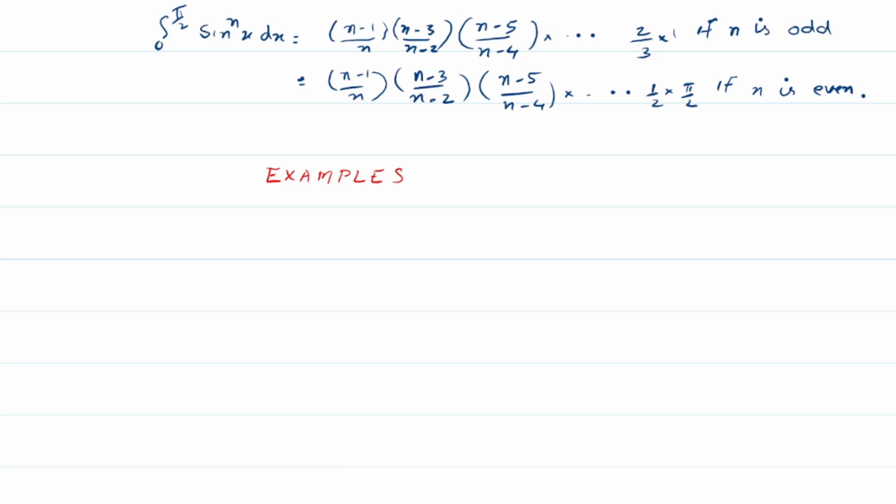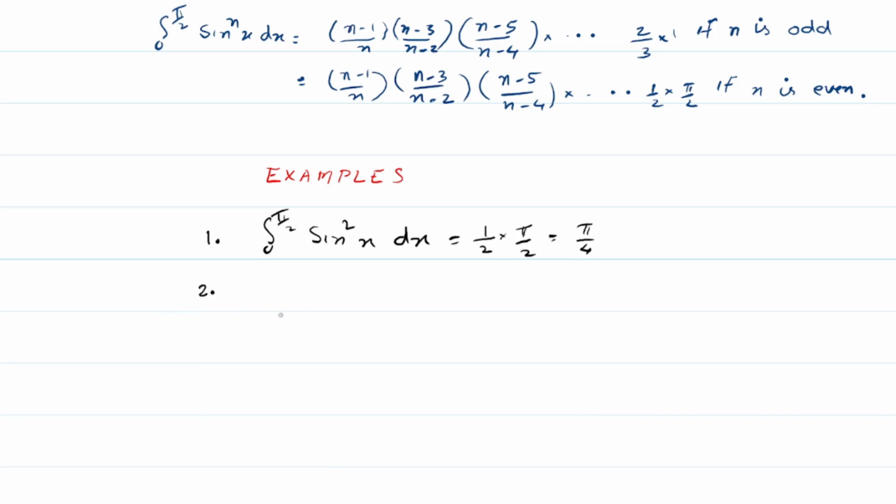First one is integral 0 to pi by 2 sin square x dx, so n is 2. The first term will be 2 minus 1, that is 1 by 2. If it is coming with 1 by 2, then the last term will be pi by 2. So the answer is pi by 4.